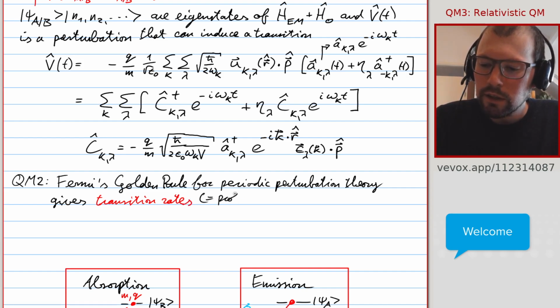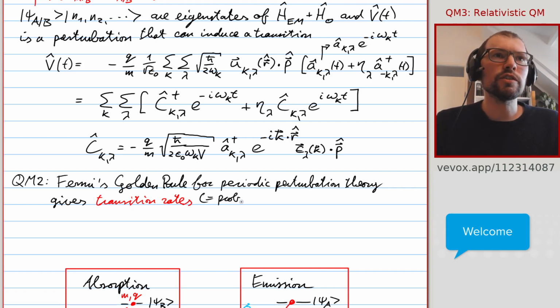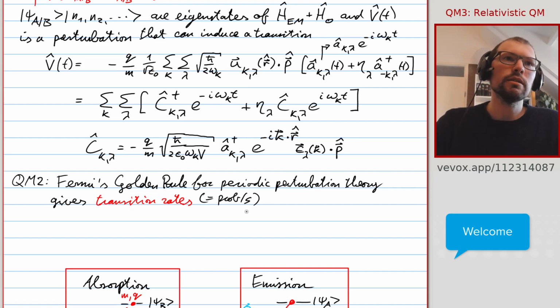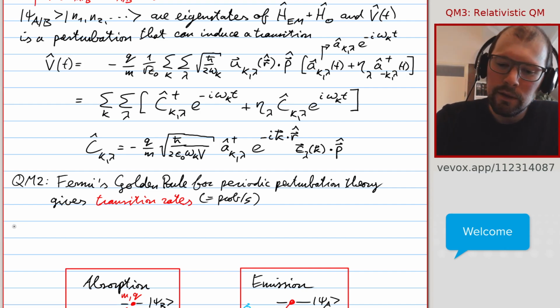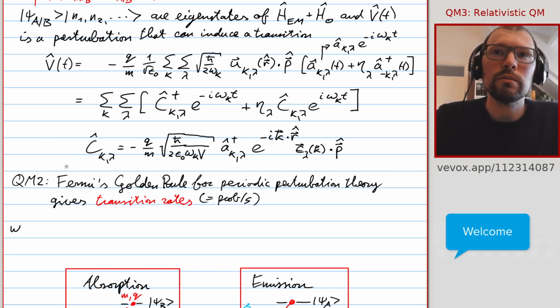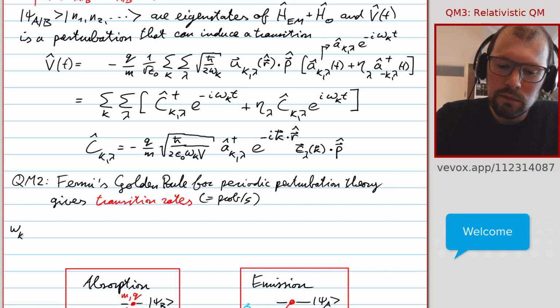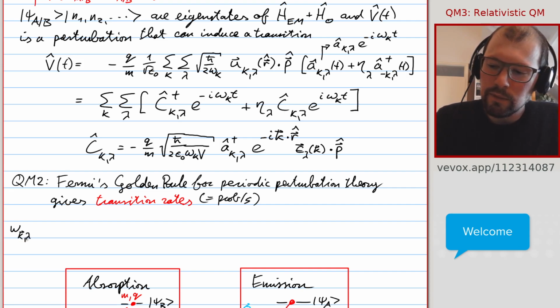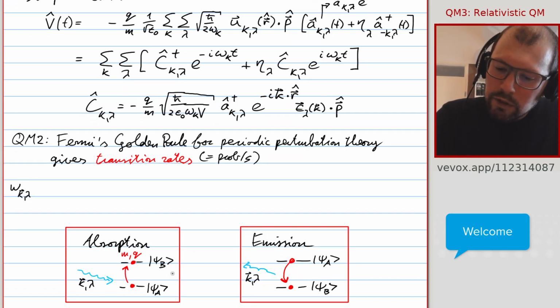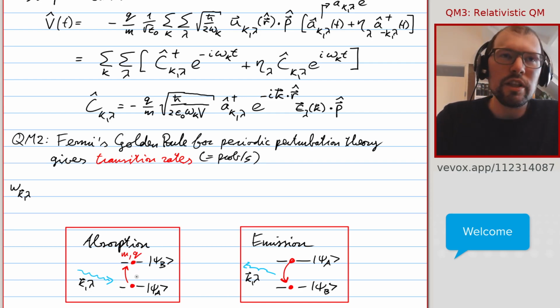That is like the probability of such a transition happening per unit of time, say per second, being related to the matrix elements of the perturbation. Now, which matrix element should we look at? Well, we want to look at a matrix element that is like an absorption and one that is like an emission.